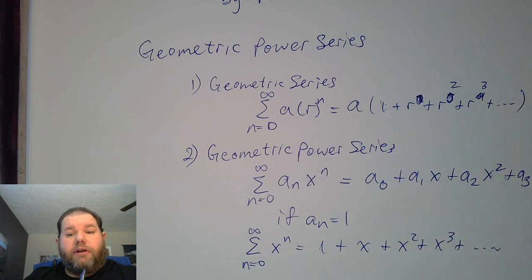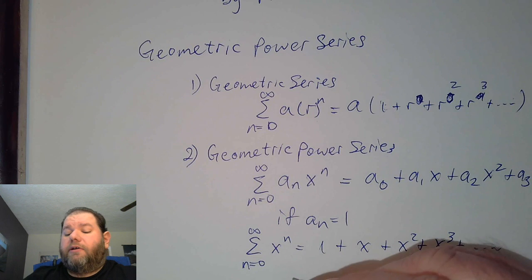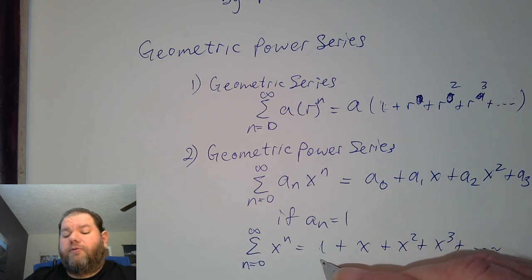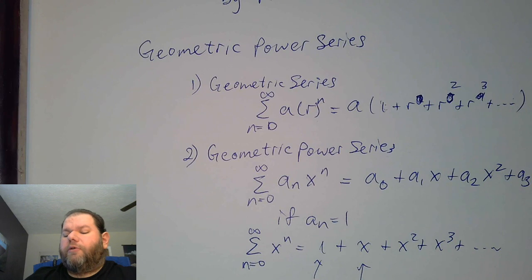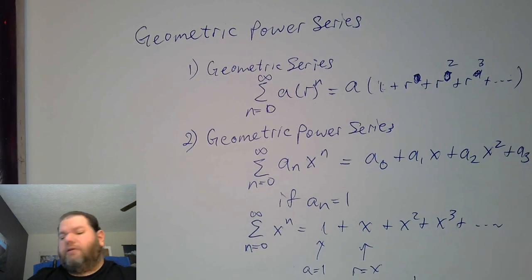And in fact, we could figure out the sum of that. The first term is 1, the common ratio is x, and the sum is a over 1 minus r, so it's 1 over 1 minus x.